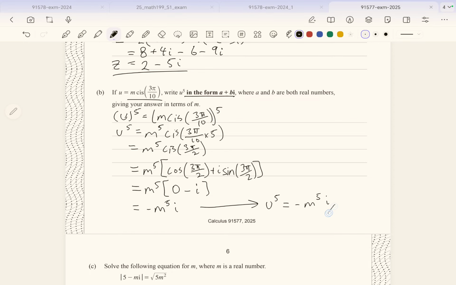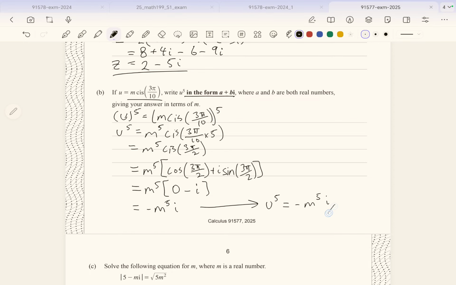Next question, we have to solve the following equation for m, where m is a real number. And so we see that, from the formula sheet, the modulus of x plus iy is equivalent to the square root of x squared plus y squared.